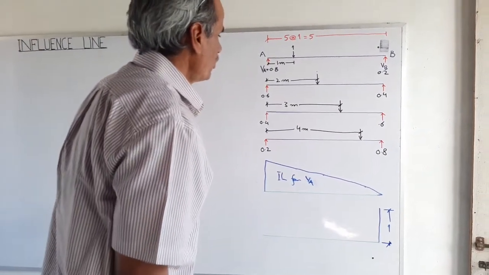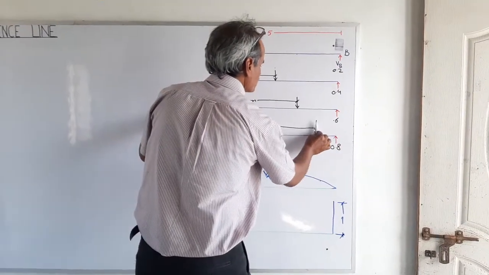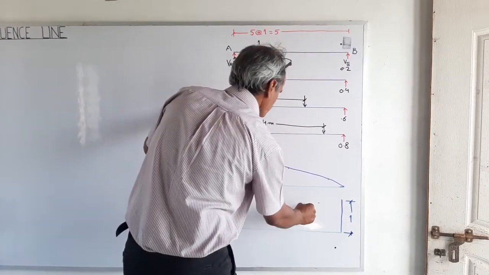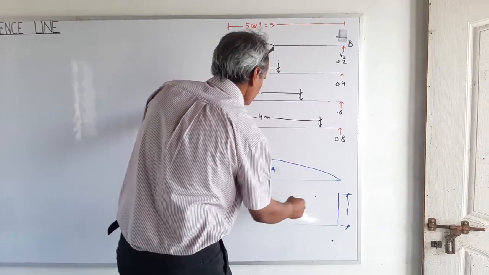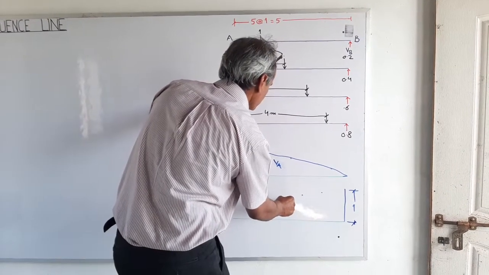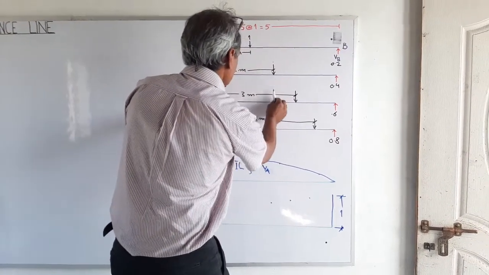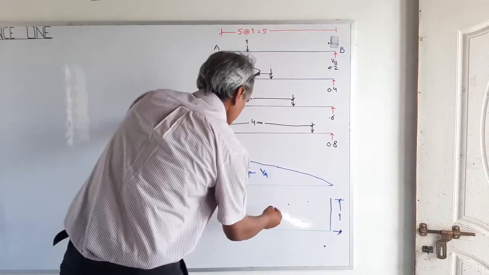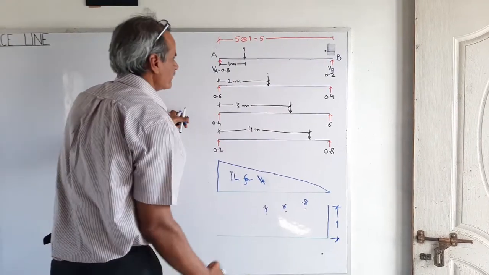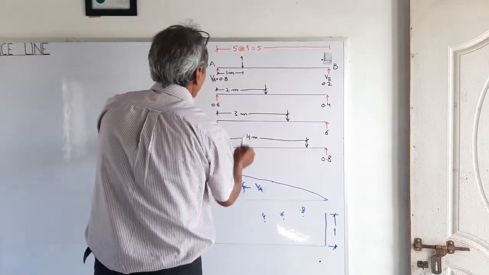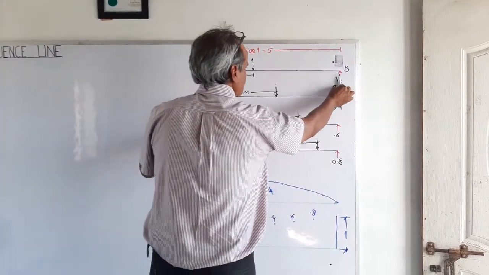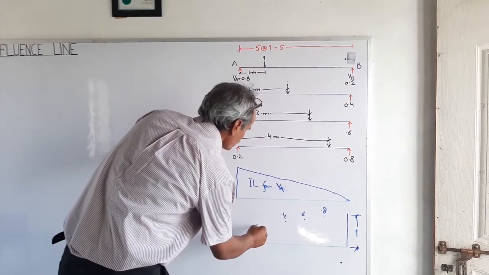And when the load is 1 meter from spot B, it is 0.8. When the load is at 2 meters from point B, it is 0.6. And similarly, when the load is at 3 meters away, it is 0.4, and when the load is 4 meters from spot B, the reaction at B is 0.2.